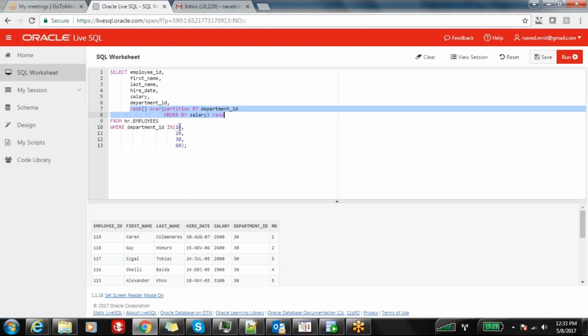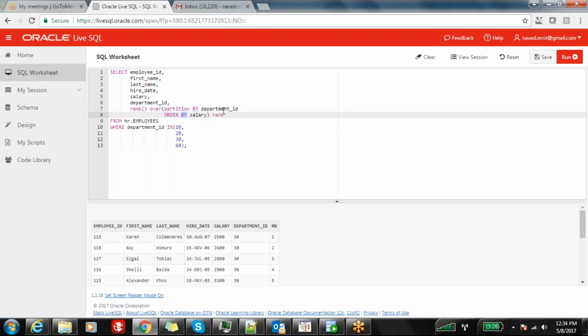When I'm talking about an analytical function, this is basically the syntax of the analytical function. This will be the function name followed by two brackets, and then it will be this clause, that is our clause. In this clause we will have the partition by clause and the order by clause.